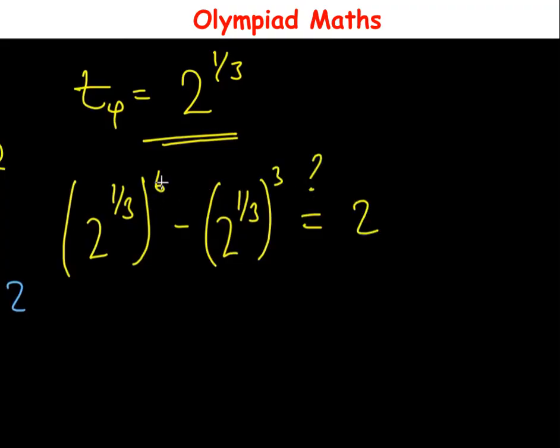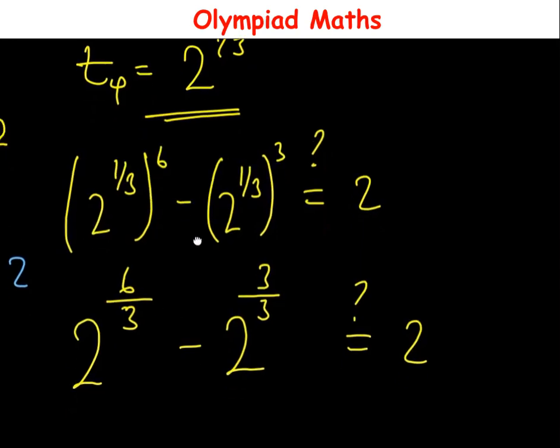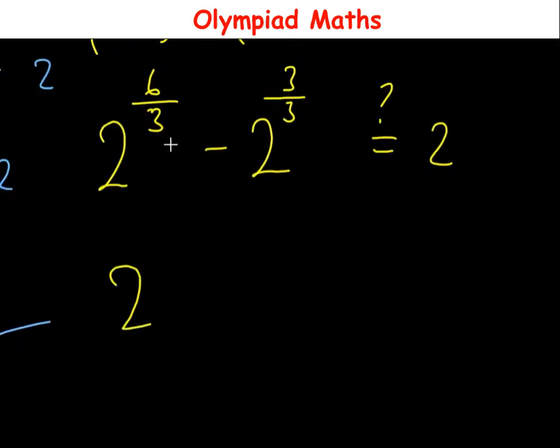From here, power 6 multiplied by 1 over 3, so 2 raised to the power 6 over 3, minus 2 raised to the power 3 multiplied by 1 over 3, that becomes 3 over 3, equal to question mark. From here, 3 divided into 6 gives 2, so 2 squared minus 2 raised to the power 1, equal to question mark.